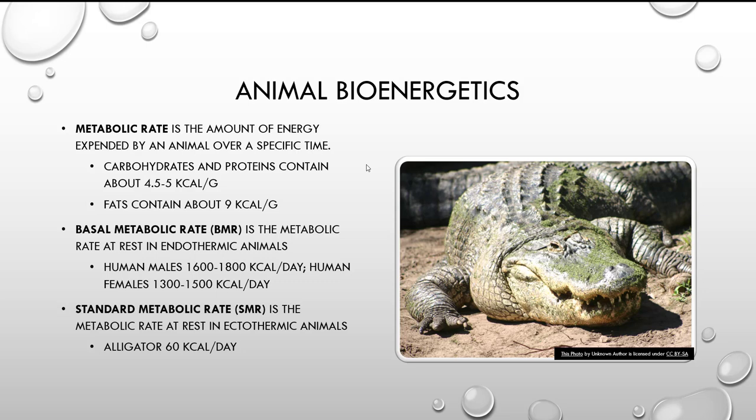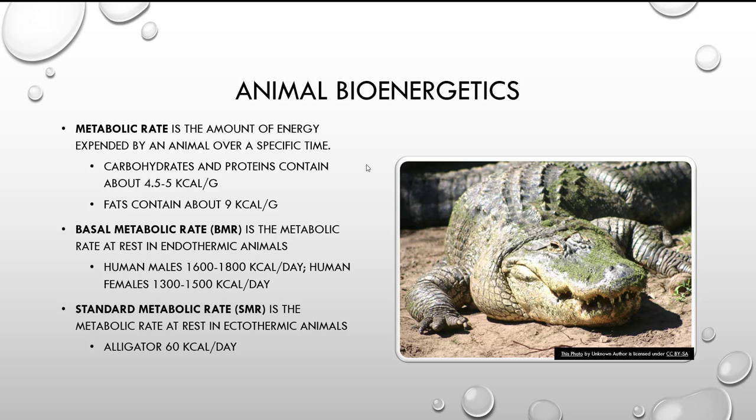Carbohydrates and proteins burn about 4.5 to 5 kilocalories per gram, compared to fats that have about 9 kilocalories per gram, so about twice as much. So fats are a better source of energy than carbohydrates and proteins, for example.